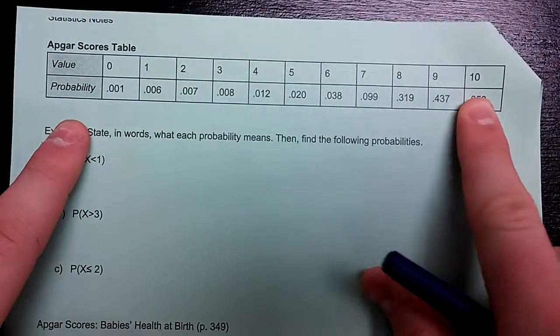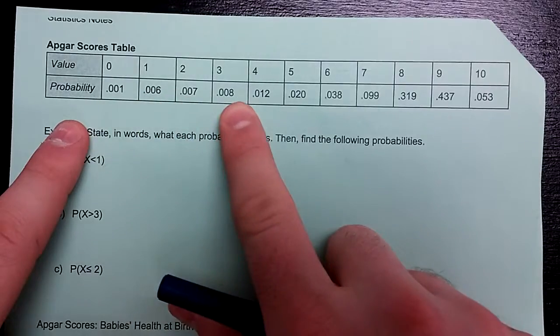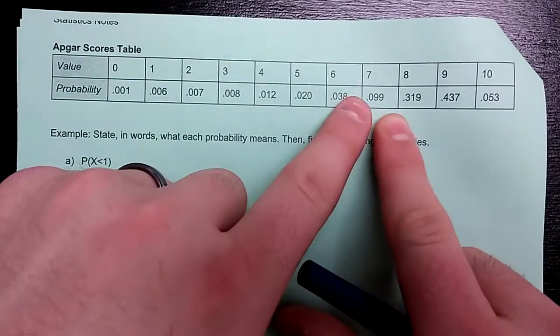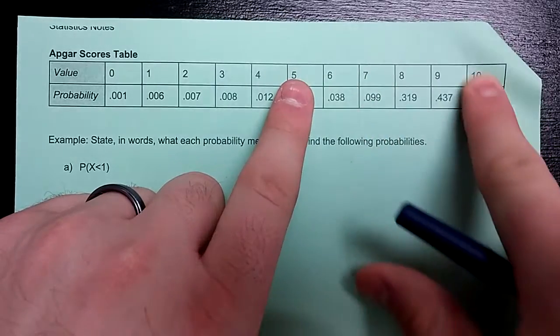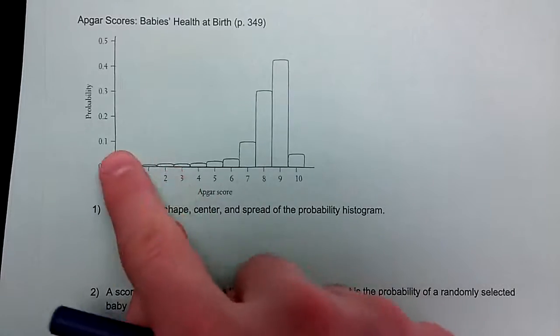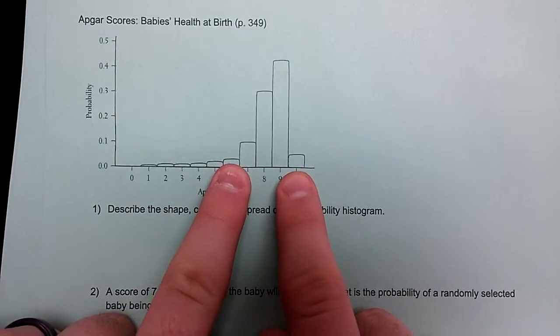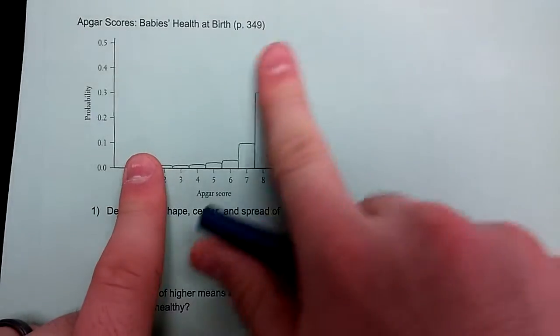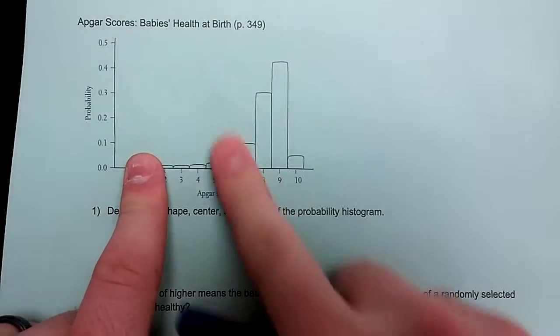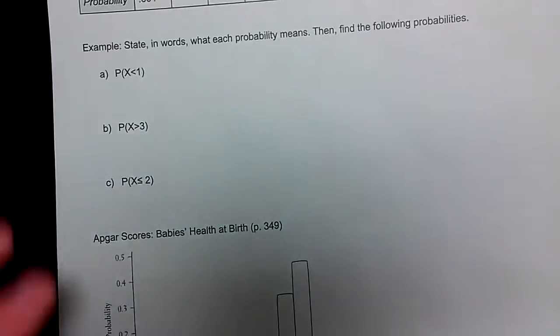Just by looking at the probabilities, you can kind of see these are really, really small probabilities. When you get to about 6, 7, up to 9, 10, this is where the majority of the data is actually going to appear. And in our book and on the notes, there's an actual histogram showing that. The biggest chunk of data is right here. So the majority of infant scores are right here in the graph.